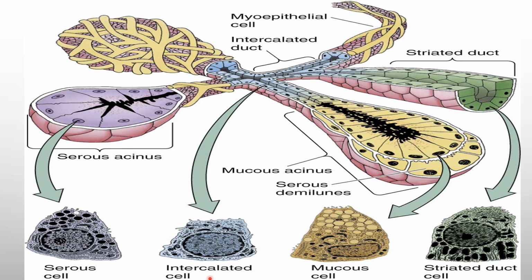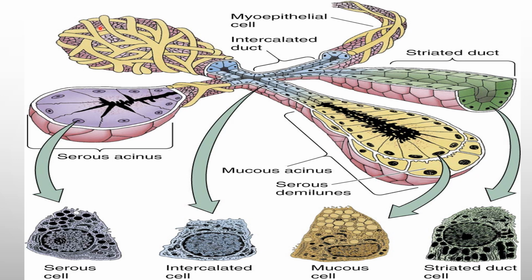This diagram shows the secretory units, which are formed of either mucus acini or serous acini, and the duct system starts with the intercalated duct, then striated, and shows also a myoepithelial cell surrounding the acinus.